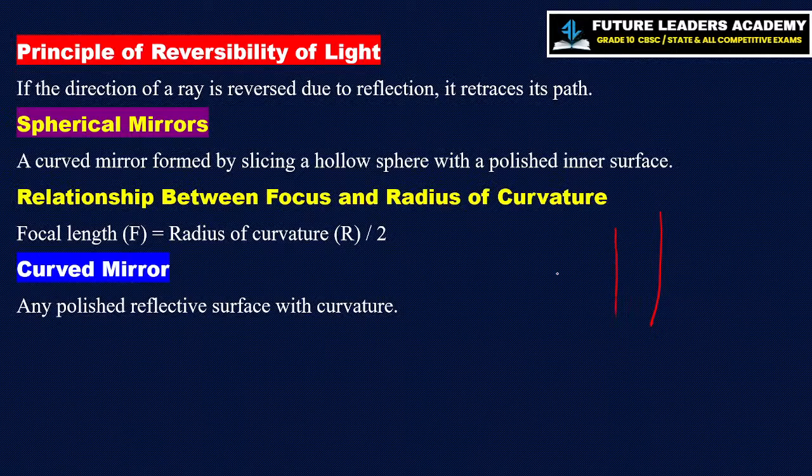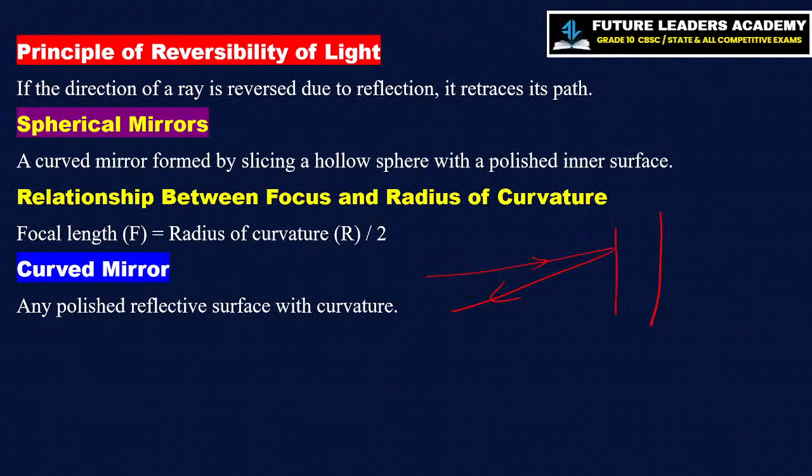If I pass the light like this, it will come back, retrace, meaning the same path it will go back.